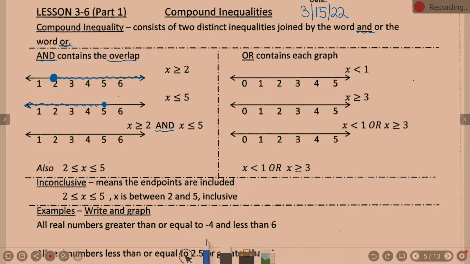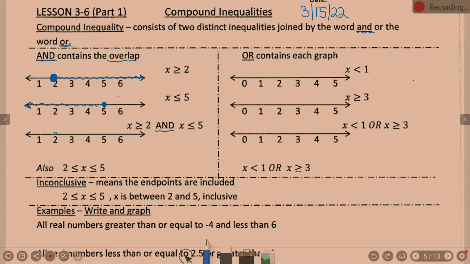So where are we shading for our final answer? Where does it overlap? It overlaps from 2 to 5, yes? As you compare these number lines, there's overlapping here at 2, 3, 4, 5, yes? Is there overlapping at 1? No. Is there overlapping at 6? No. It's overlapping from 2 to 5.